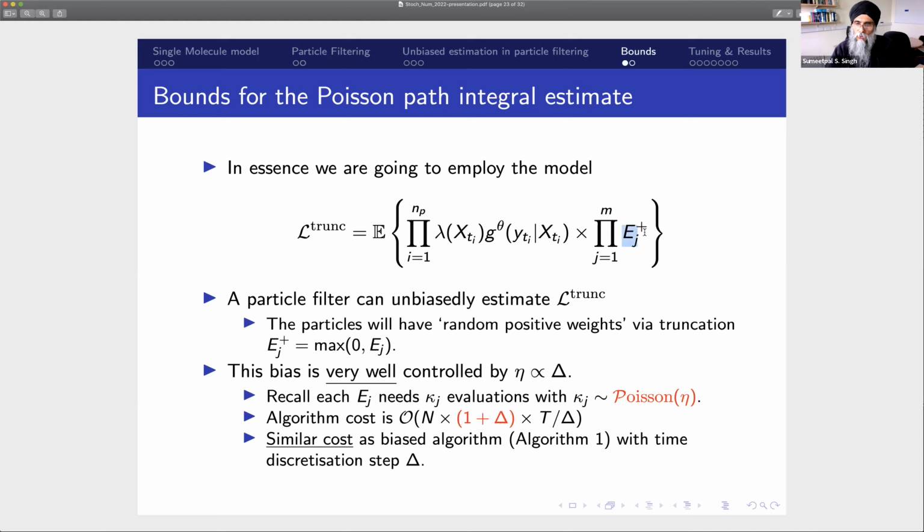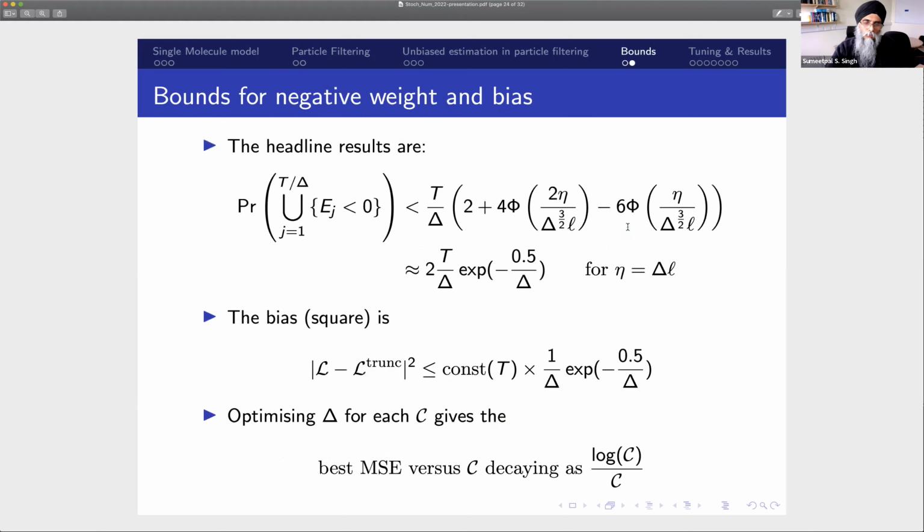Okay, so we want to control the bias of this method. The first thing I need to do is find out how likely these weights will be negative. I said unlikely. For the probability of encountering a negative weight, we can have some exact calculations, but effectively it looks like this: the probability of encountering a negative weight from time 0 to the end time decays roughly like exponential minus 1 over delta. So it decays very quickly.